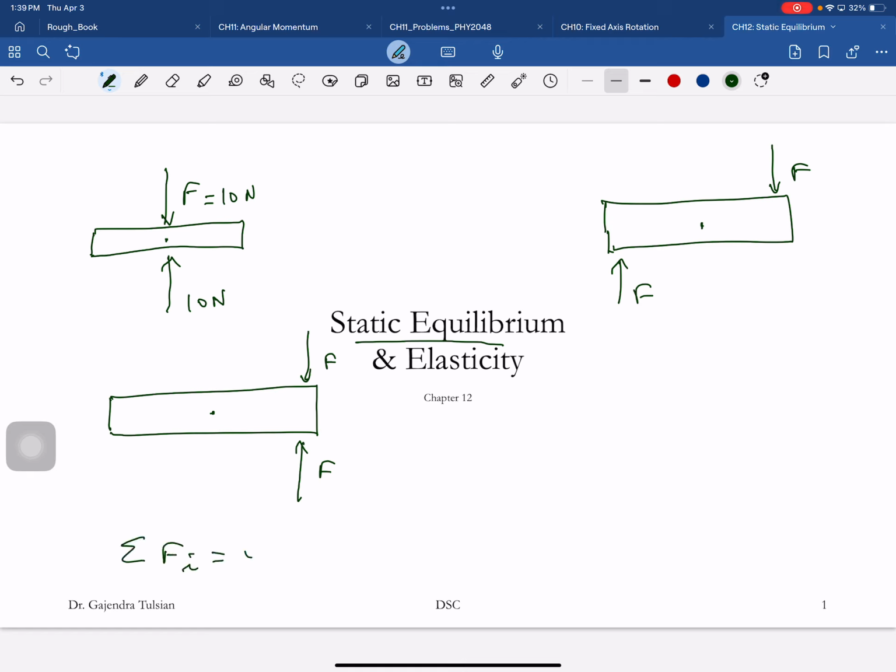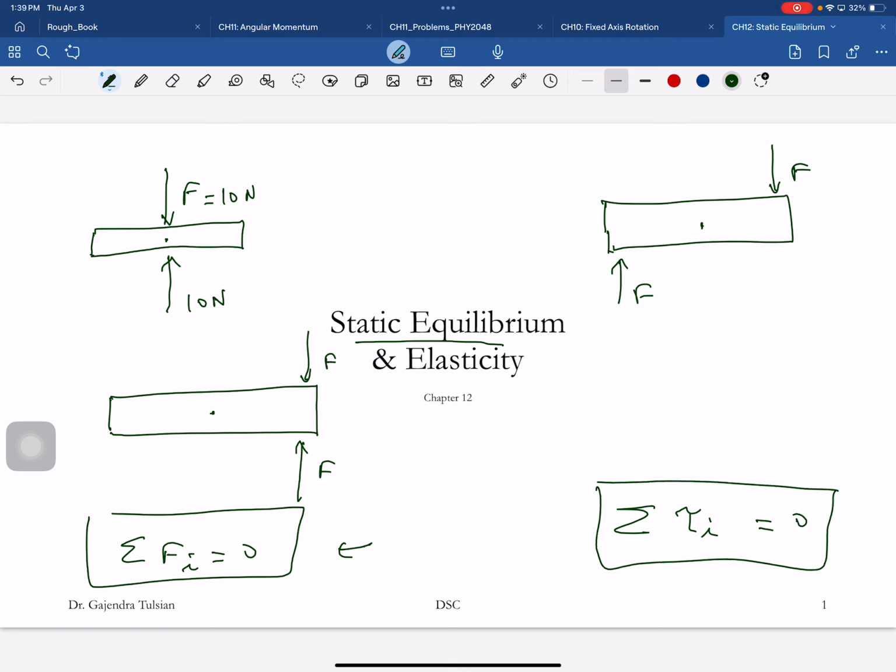So when you're applying forces to extended objects, just this condition is not good enough. What you also want is the sum of the torques of these forces to be zero. And that's when you'll have static equilibrium.